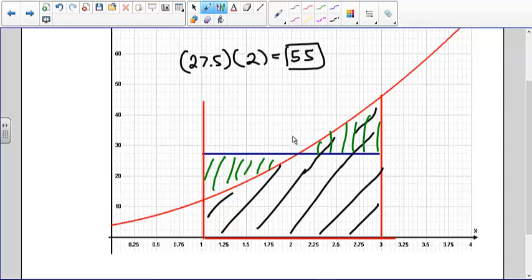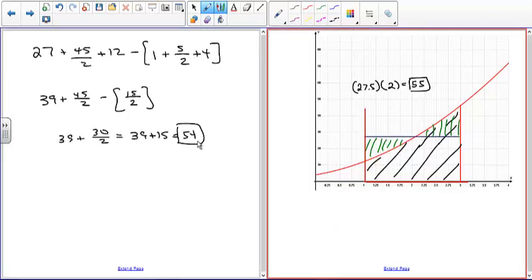That's the area I'm approximating that's under the red curve by doing this trick that I do. And if we go back and compare it, that matches up pretty close with what the exact area is. So if I had moved it down to 27 instead of 27.5, I would have been exactly right. So this area is probably a little bit larger than that area. Anyway, hopefully you believe me that that's the right answer.